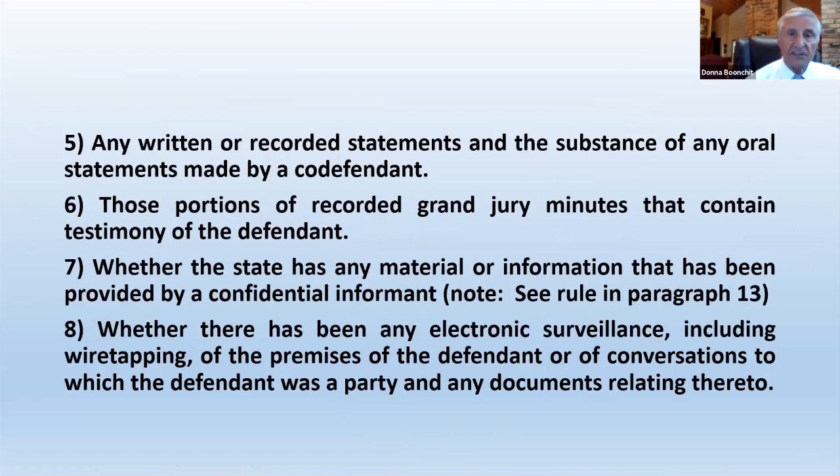Seven, whether the state has any material or information that has been provided by a confidential informant. And we're going to go over the confidential informant rule in paragraph 13 coming up. Number eight, whether there has been any electronic surveillance, including wiretapping, of the premises of the defendant or of conversations to which the defendant was a party, and any documents relating thereto.